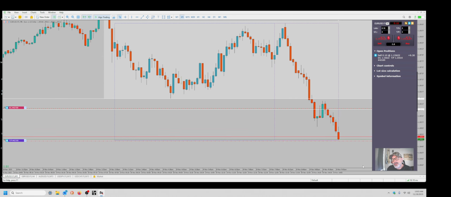And then we could just ride this down. Of course, there's a spread here, so we have to make sure that our price action goes on the ask, which is right here, because we are buying it back.